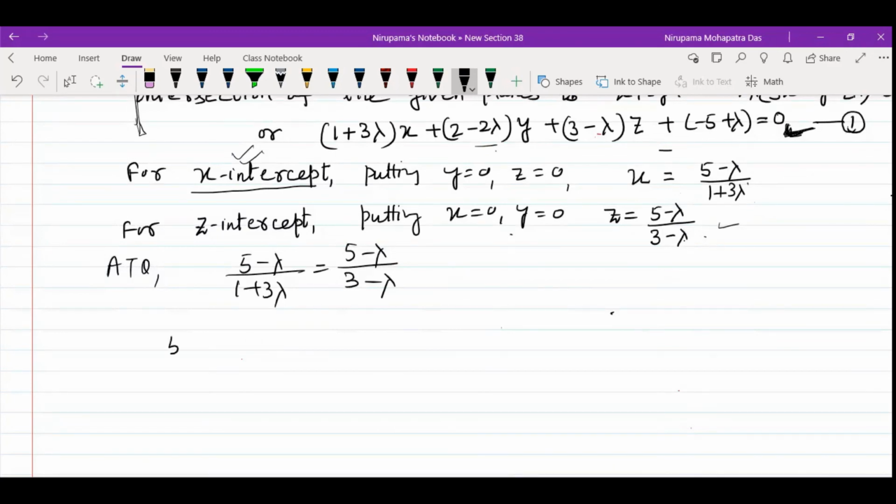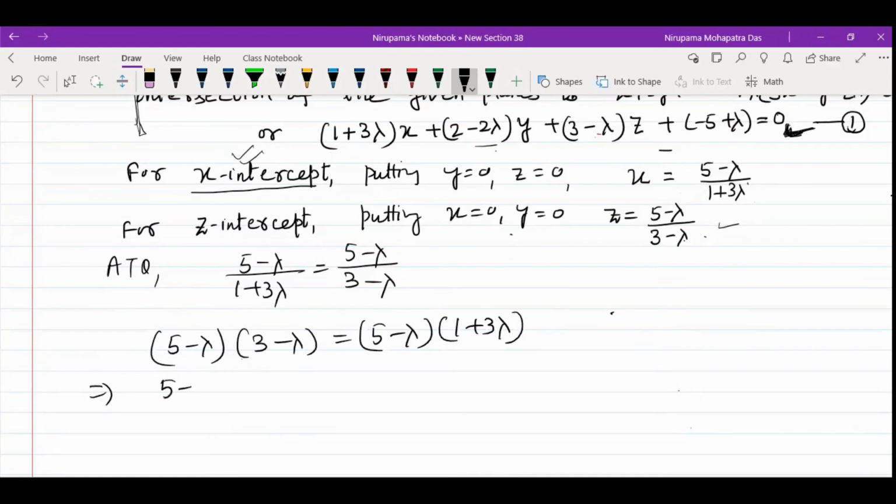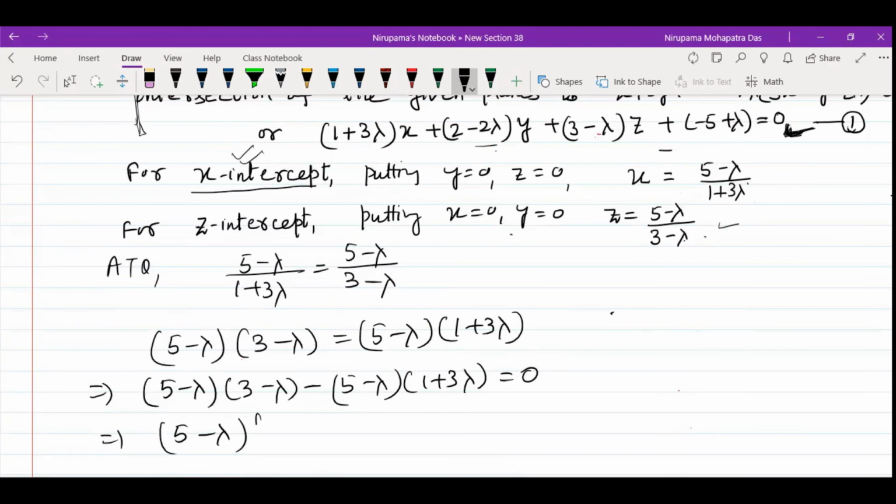So it means (5 minus lambda) into (3 minus lambda) equal to (5 minus lambda) into (1 plus 3 lambda), or you can say (5 minus lambda) into (3 minus lambda) minus (5 minus lambda) into (1 plus 3 lambda) equal to 0, which gives us (5 minus lambda) times (3 minus lambda minus 1 minus 3 lambda) equals 0.